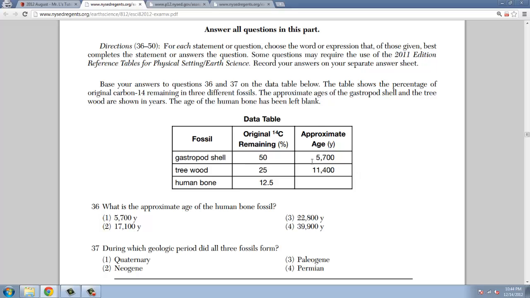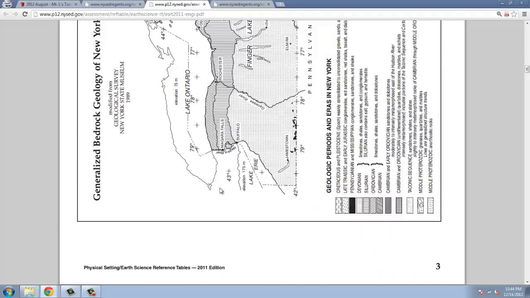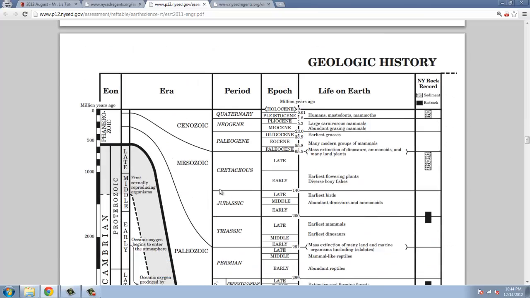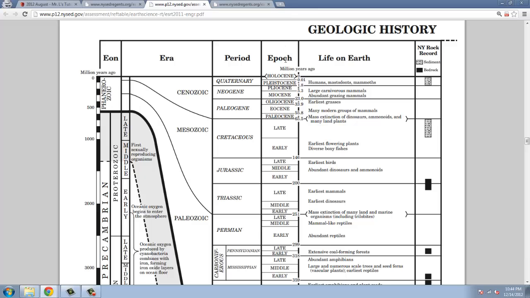Now, we're looking for a time period from 15,000 years ago to 20,000 years ago. So whenever you hear geologic time period, you always want to go to the Earth Science Reference Table, which is page 8 and 9. You have period here, so you're trying to find what period it's in, and you have millions of years ago.